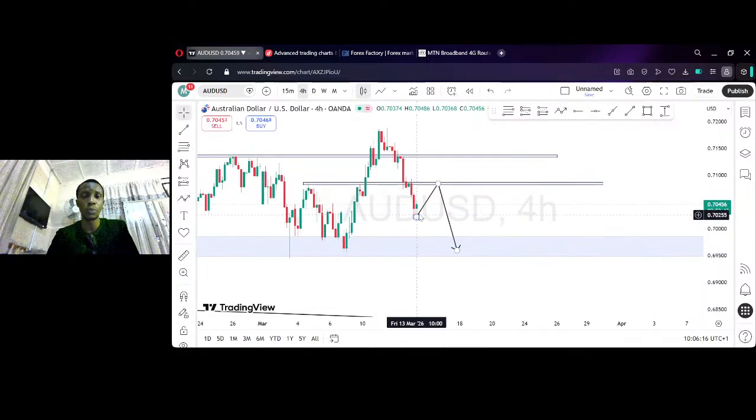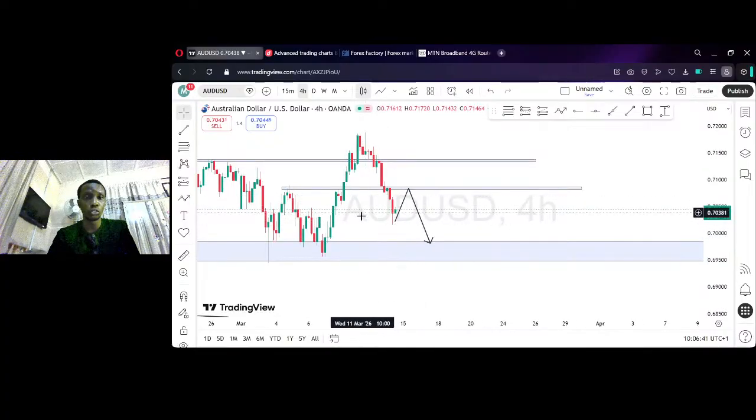Price has broken out from this resistance level. I want to see a retest right here, and price should continue pushing to the downside.